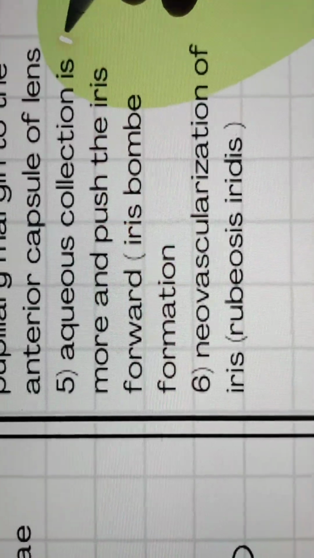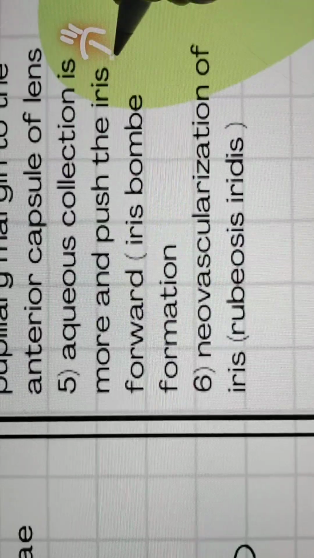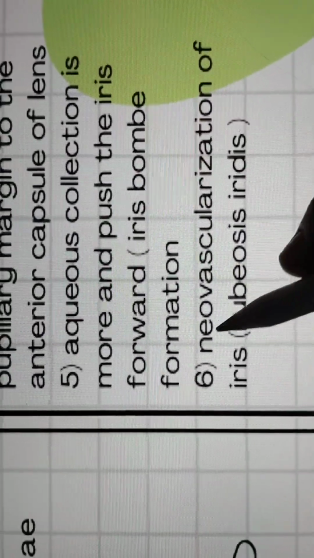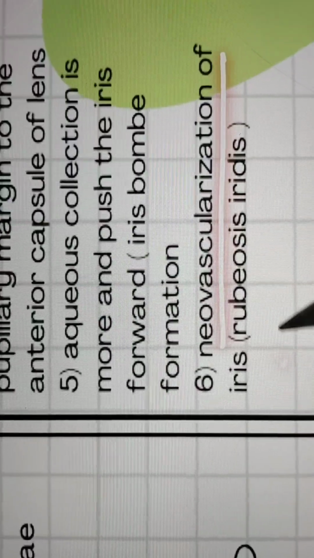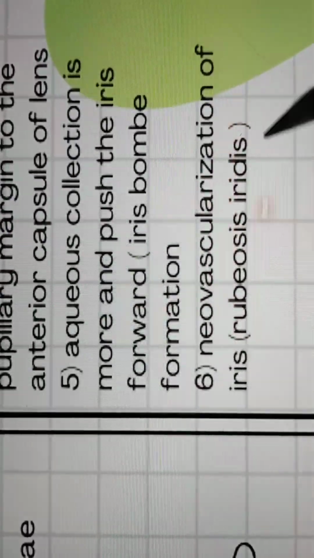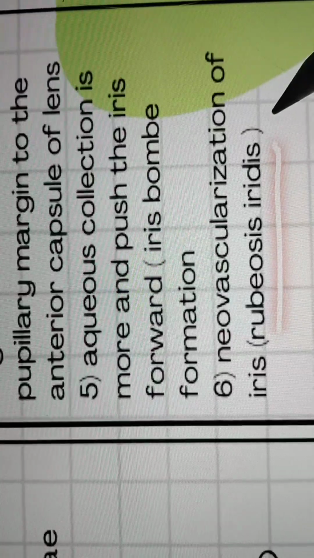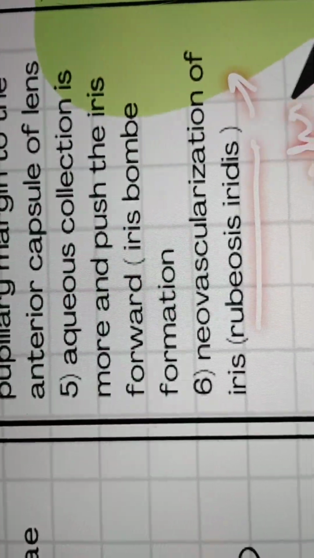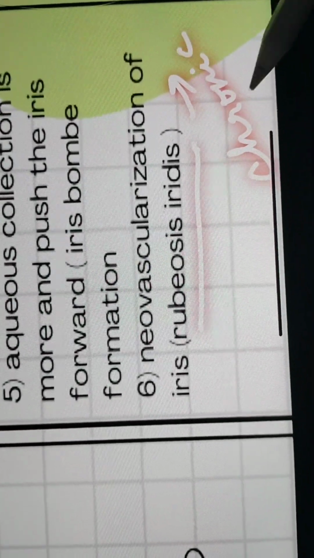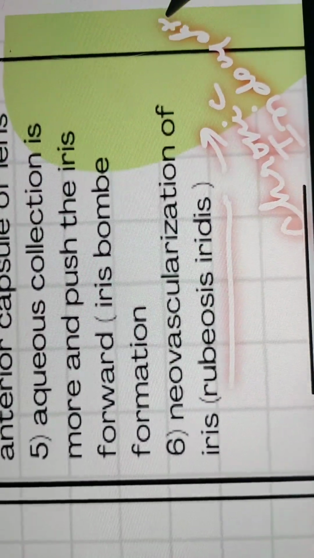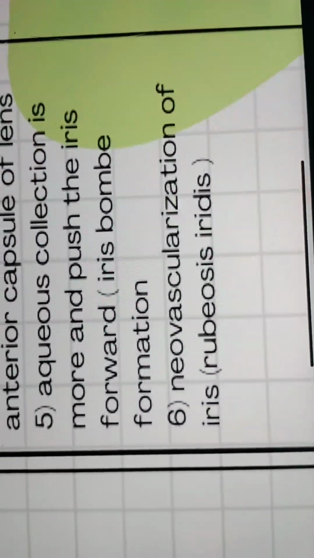So aqueous will be produced more, so there will be a push of the iris, and that is called iris bombé. And neovascularization of the iris, that is your rubeosis iridis. This rubeosis iridis will be formed only in chronic iridocyclitis. Okay, chronic iridocyclitis. So these are the signs.